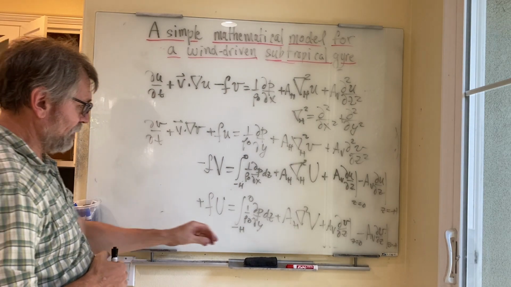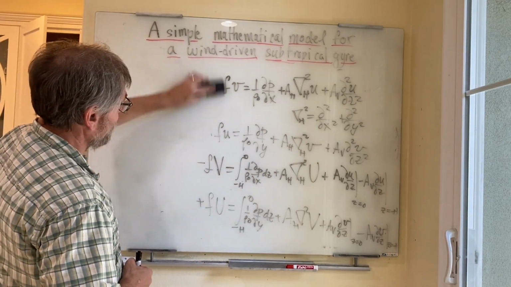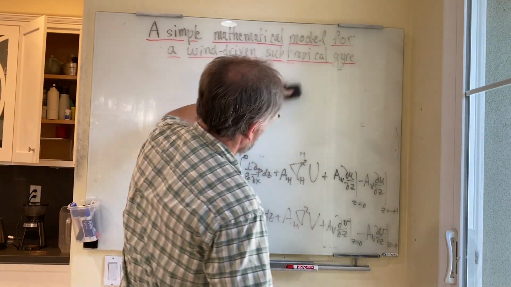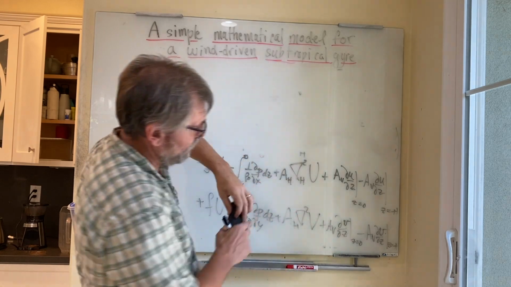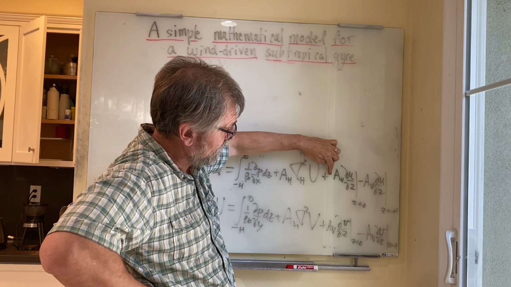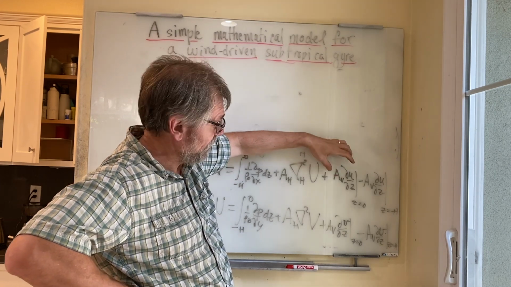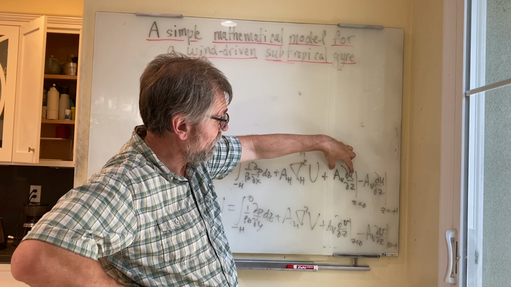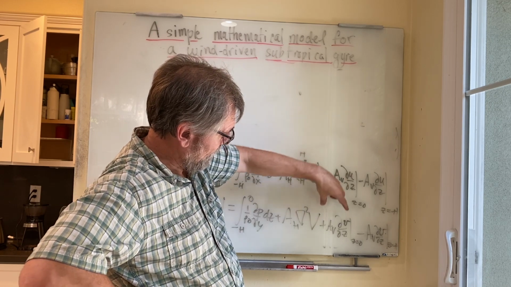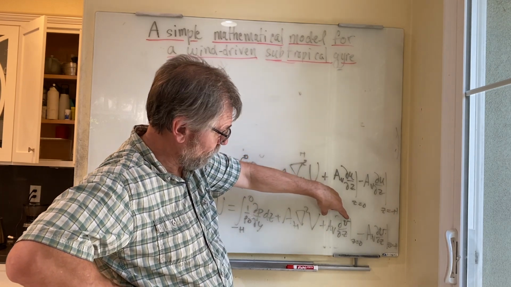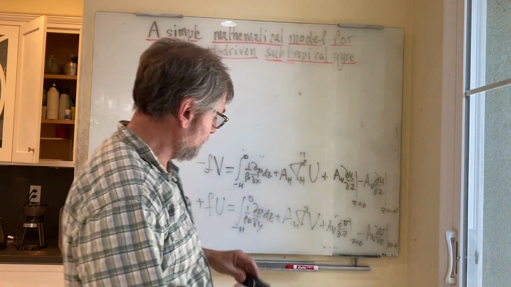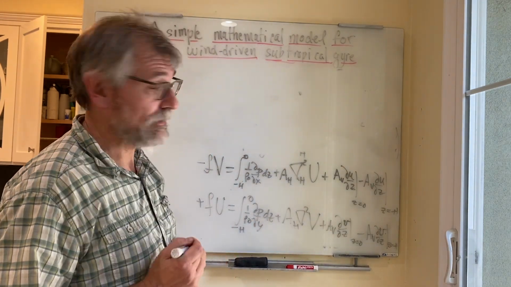Okay, so these are now our depth integrated equations, and we can now use boundary conditions at the top and the bottom of the equations to eliminate these terms. These, remember, are stress terms, eddy stress terms. If I multiply by rho naught times Av du dz, the surface boundary condition is that this is equal to the eastward component of the wind stress at the surface. And if I multiply this one by rho naught, that would be the northward component of the wind stress at the surface. So I could eliminate these two terms in favor of the applied wind stress at the surface of the ocean.